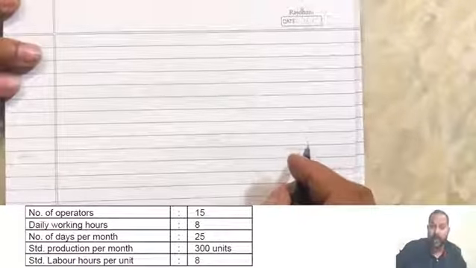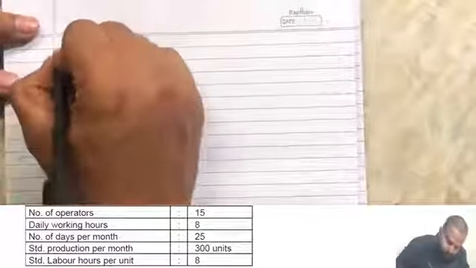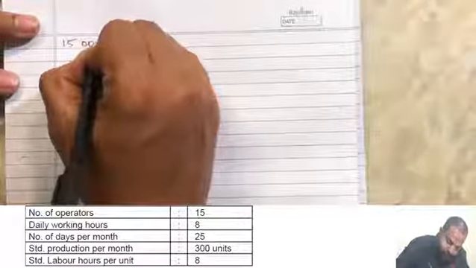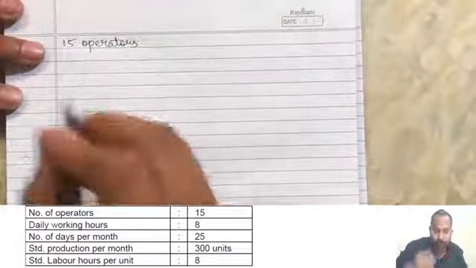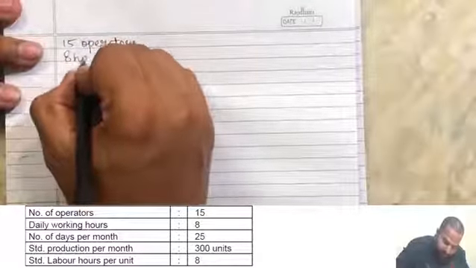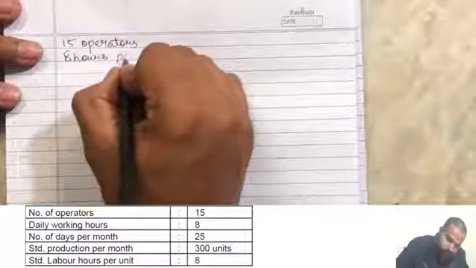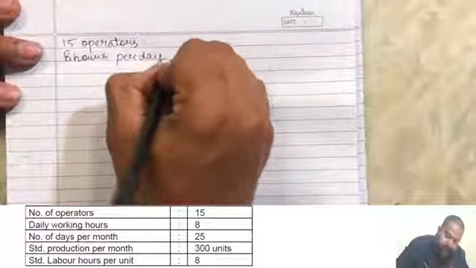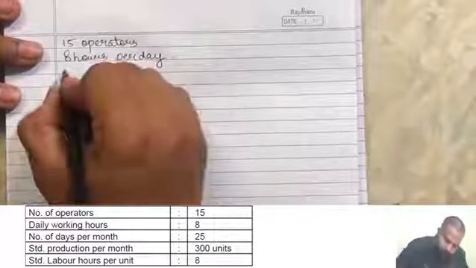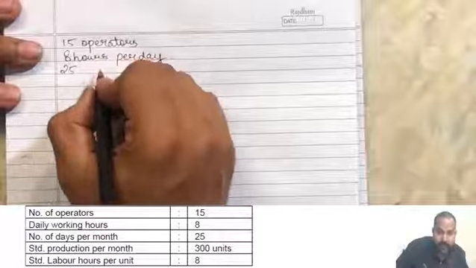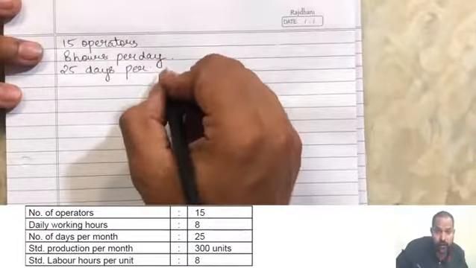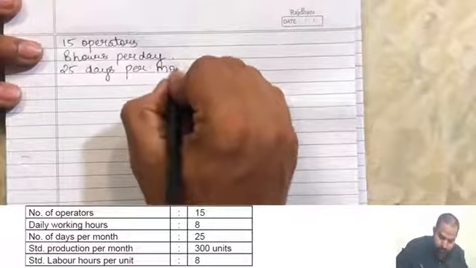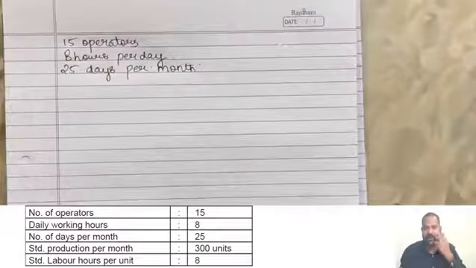Number of operators is 15. So 15 operators working 8 hours per day for 25 days per month. So can I do one thing?